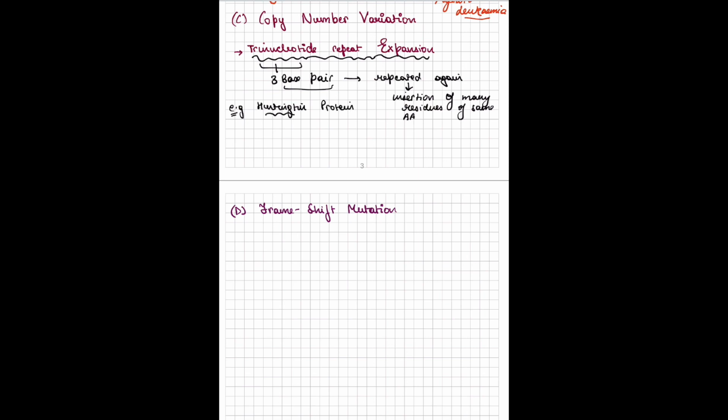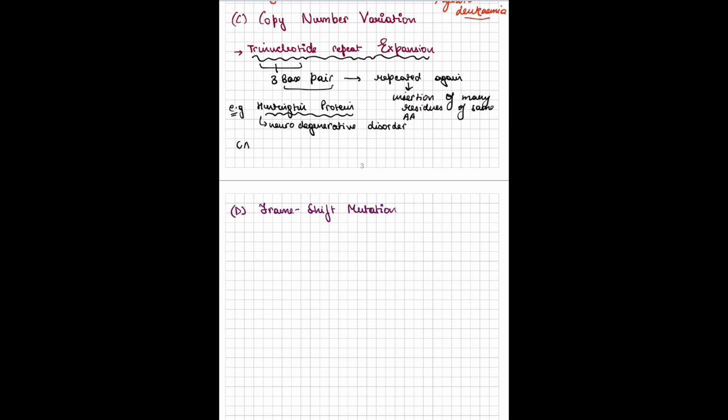What happens in Huntington disease? It's a neurodegenerative disorder, that is, neurons degenerate in this syndrome. What happens here?